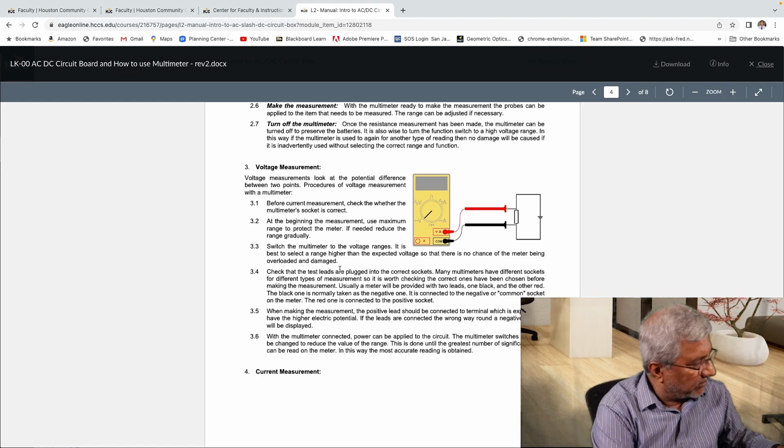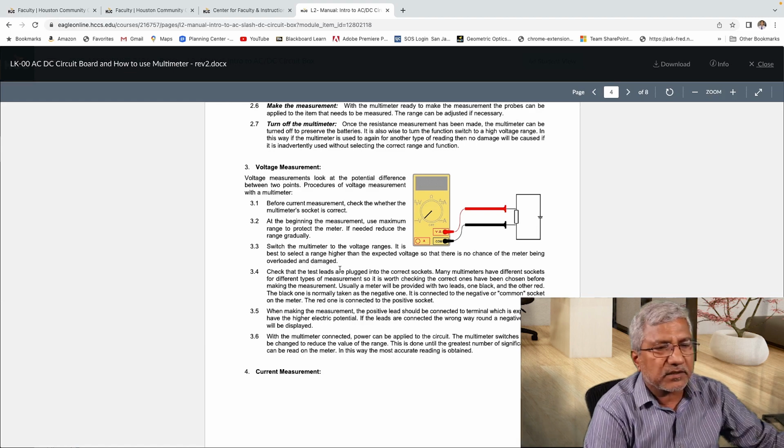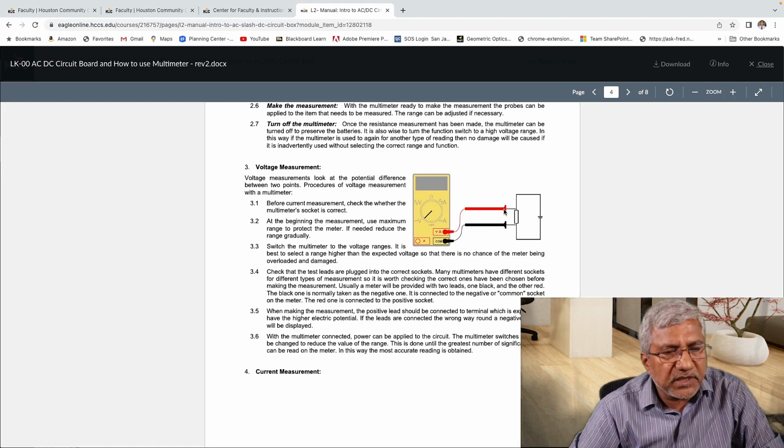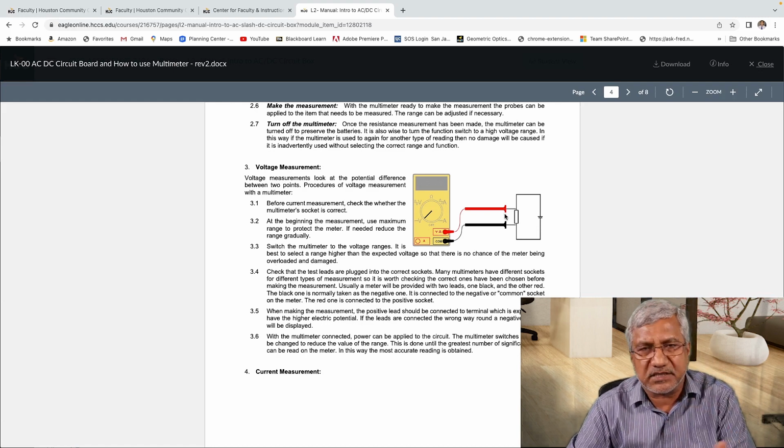Then remember that whenever you measure voltages, you put the terminals across the component.